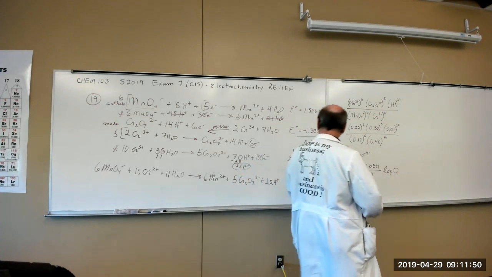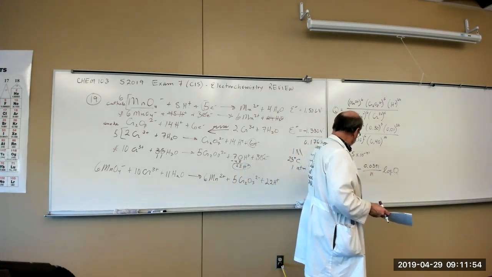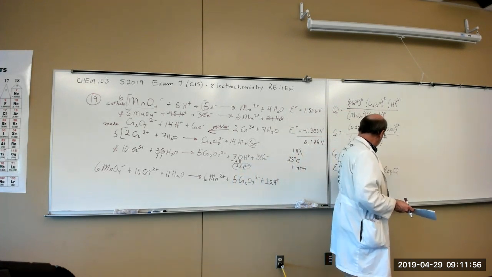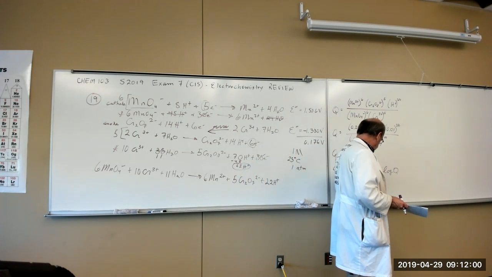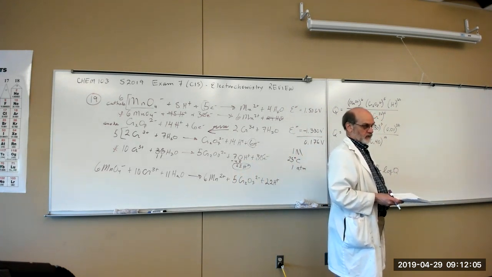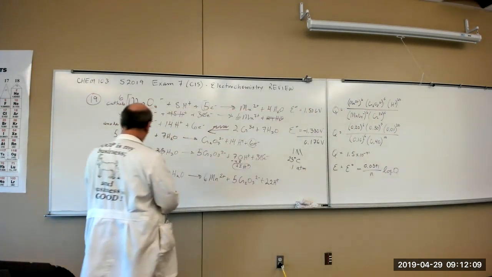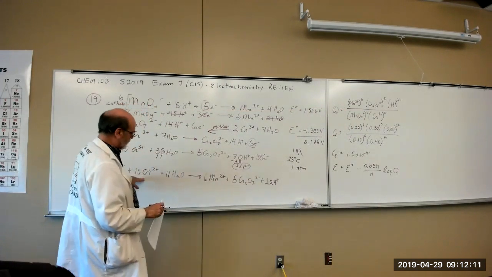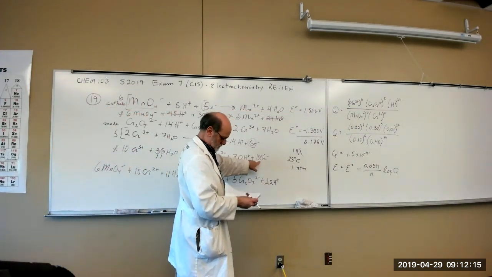So, we know this one because we calculated it right here. We know this one because we calculated this part of it. What's this one? That one is how many electrons were transferred. Right. So we have to look back up here. This doesn't have the electrons, but this one does, and there were 30 of them.